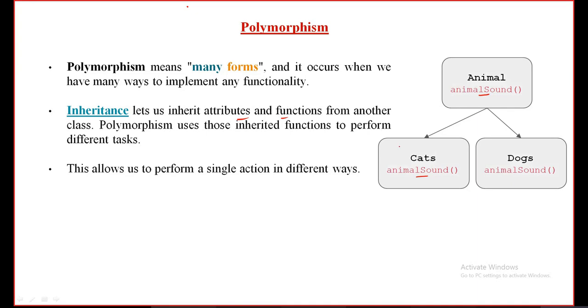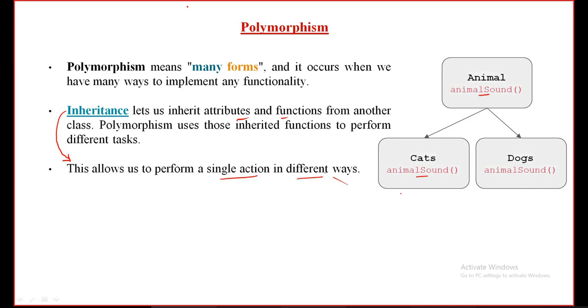So the derived class is overriding the meaning of the function originally present in my base class. Ultimately, inheritance also allows us to perform a single action in different ways.